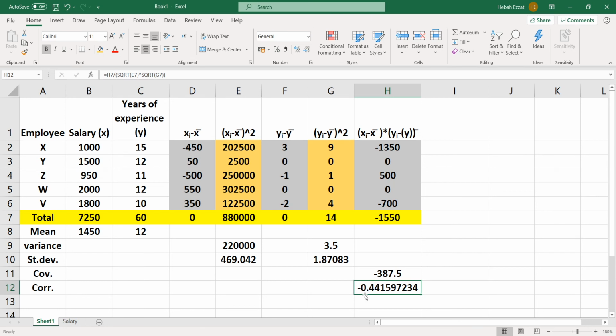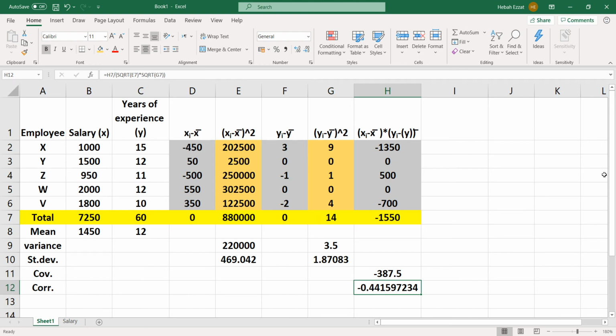So the salary is not related directly to the number of years of experience, so it doesn't imply the increase in the years of experience would increase the salary, and it's weak because it's less than negative 0.5.